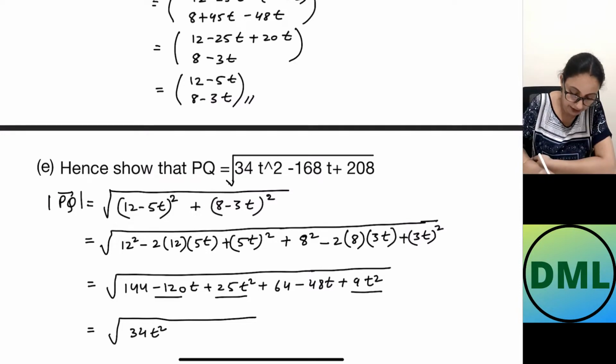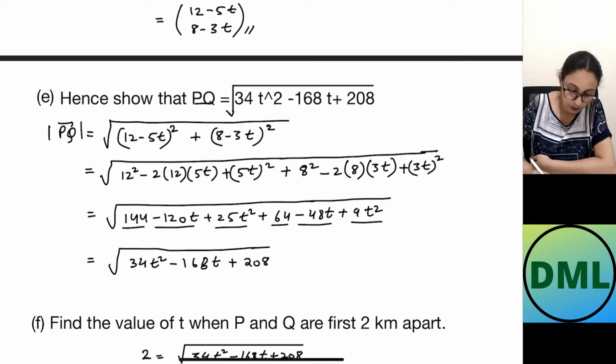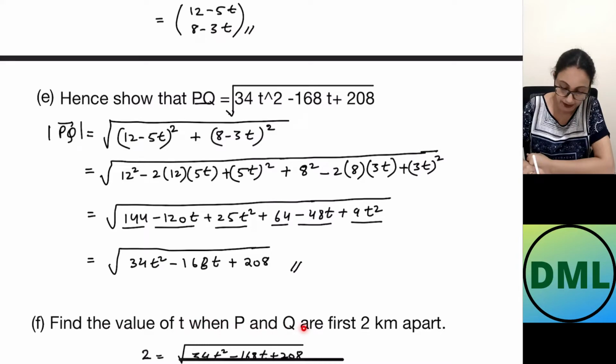Now if I add -120t and -48t, that will be -168t. If you add 144 plus 64, that will be 208. So our displacement PQ will be given by the root of 34t² - 168t + 208. That is proved.